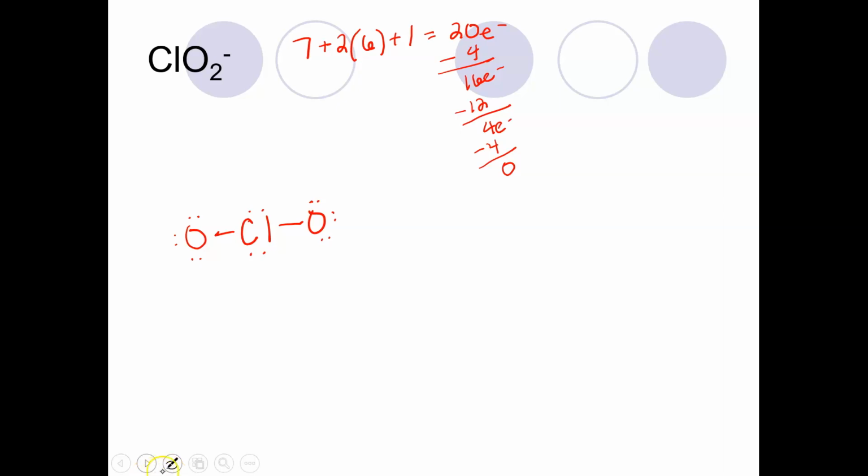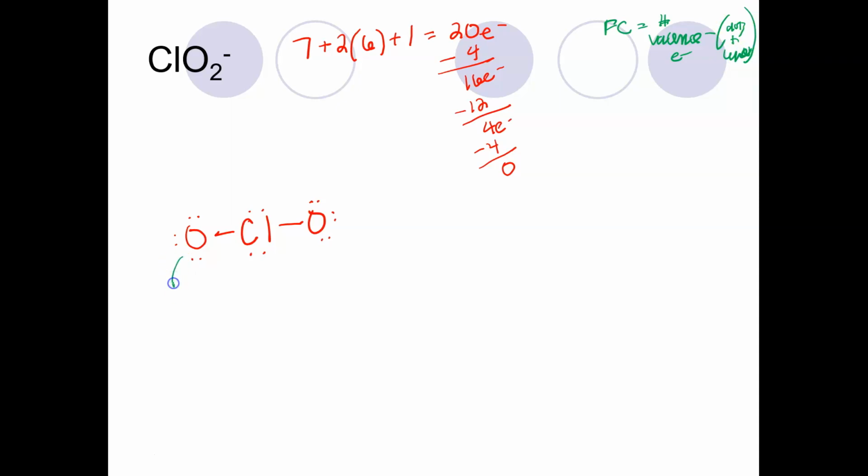We should double check with formal charges. I'm just going to say it out loud. So formal charge, just a reminder, is the number of valence electrons minus the number of dots plus the number of lines on that atom.